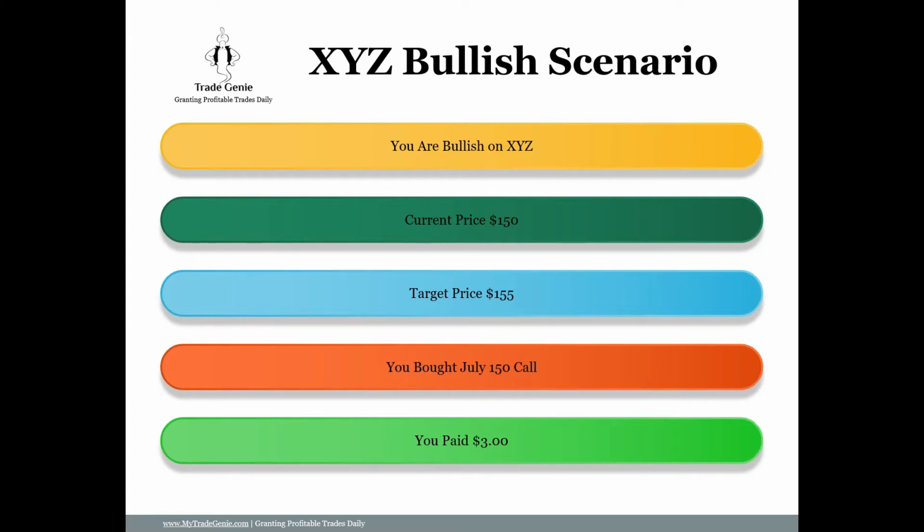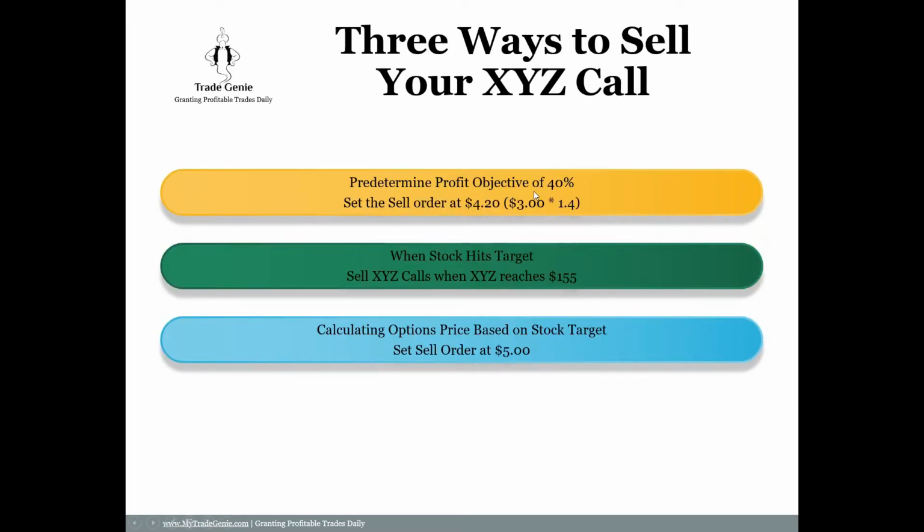Now comes the good part, and this should be done beforehand. A lot of traders calculate their profit after they buy, and then say, where am I going to sell? Let's say they set a 40% profit target. 40% of $3 is $1.20, so they add that to their cost, $3 plus $1.20, and set the sell order at $4.20.